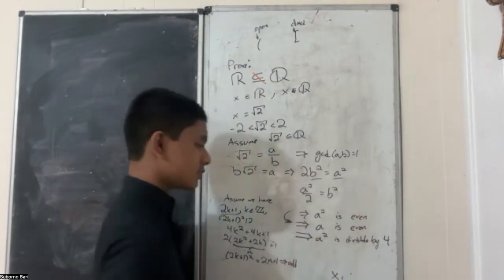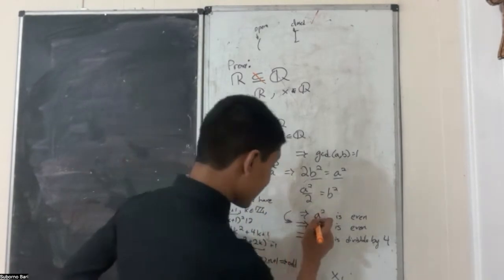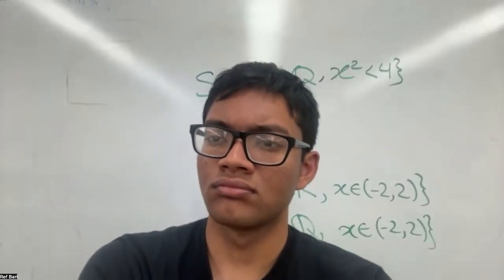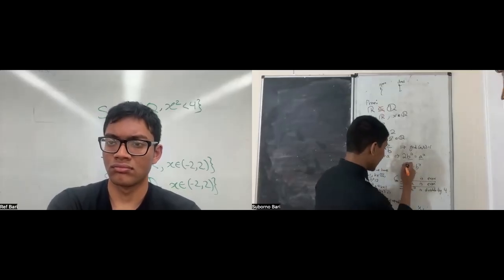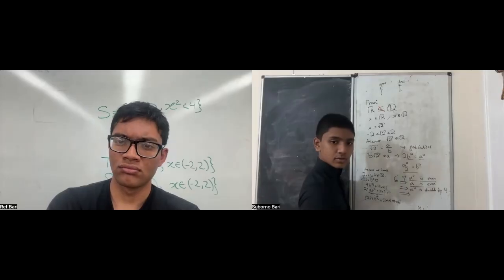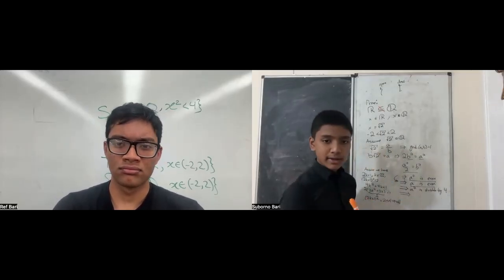So that means that we've progressed to showing that anything that has an even square has to be even by itself. Then, if a squared is divisible by 4, what does that tell us? Well, since b squared is just a squared over 2, that tells us b squared is divisible by 2, i.e. b is even. You get why, right?